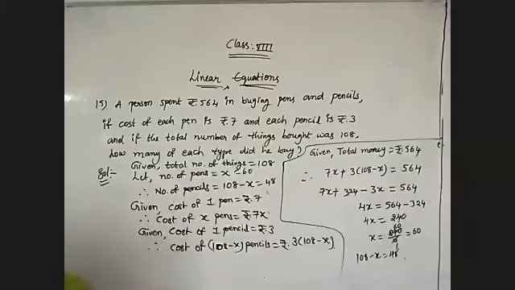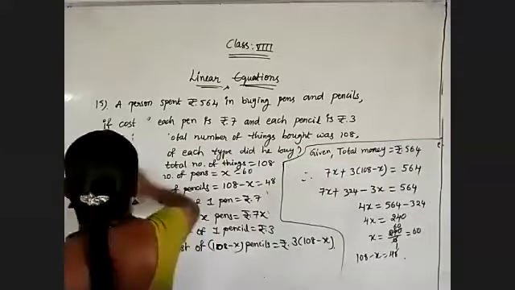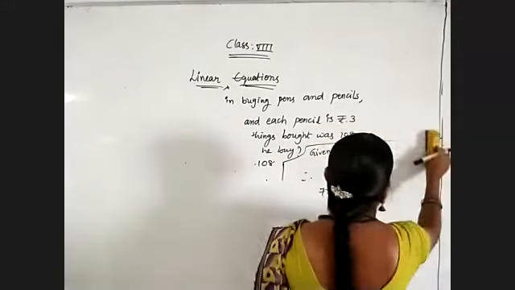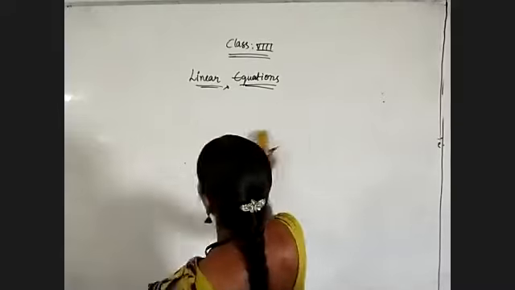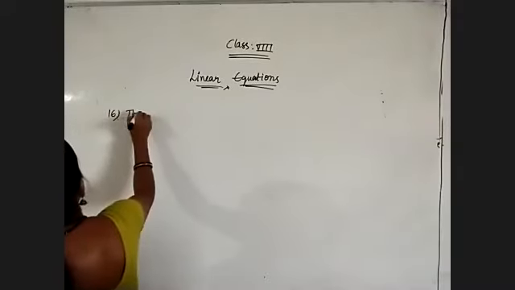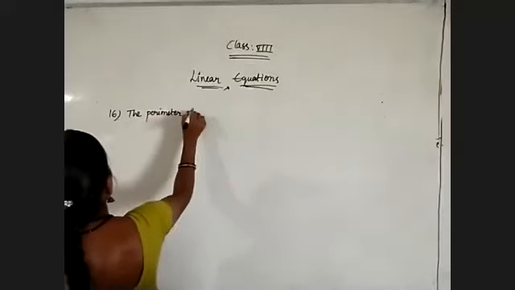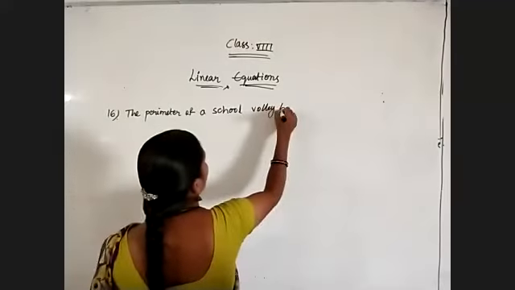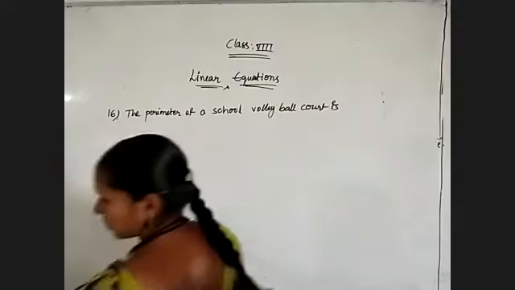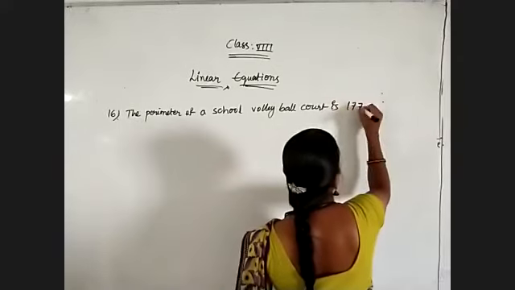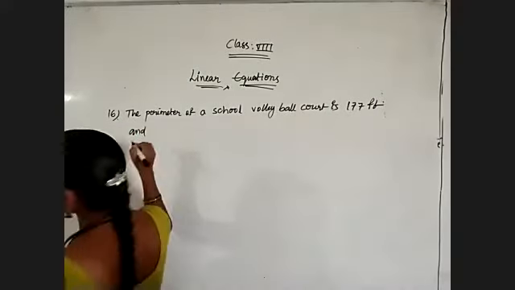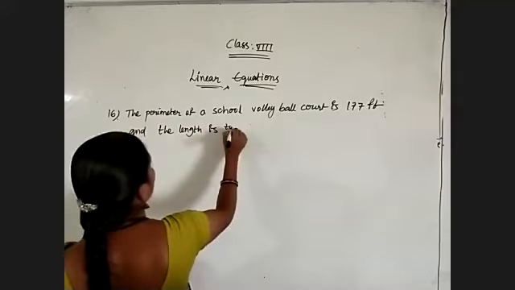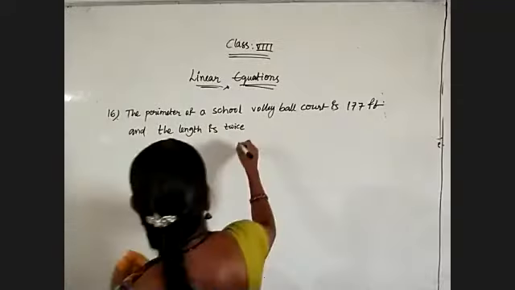The perimeter of a school volleyball court is 177 feet, and the length is twice its width.